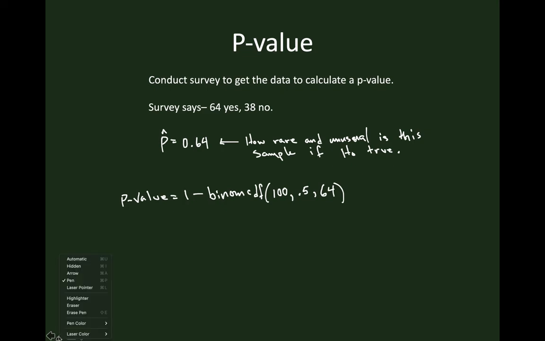Let me review this. One of the tricky things about doing this calculation is we have to make sure that we get the right number in here. And the 1 minus part is really the complement rule. As we're moving along the p-hat axis, we start at 0, then we get down to like 0.63, 0.64, and 0.65, and so on, all the way up to 1.